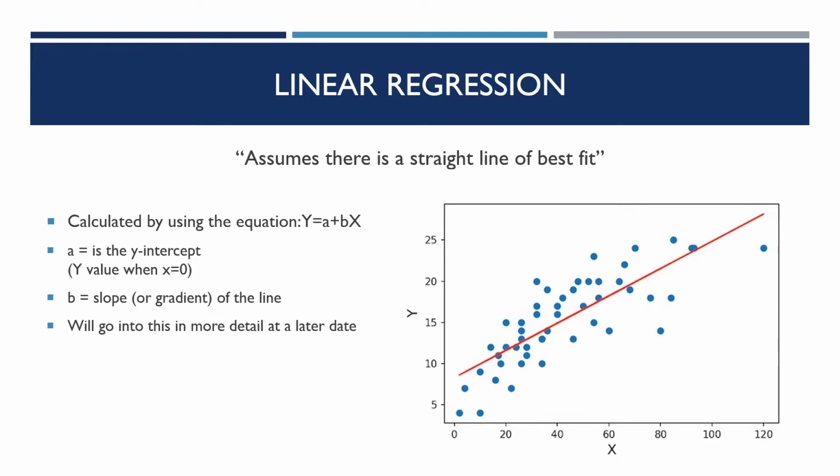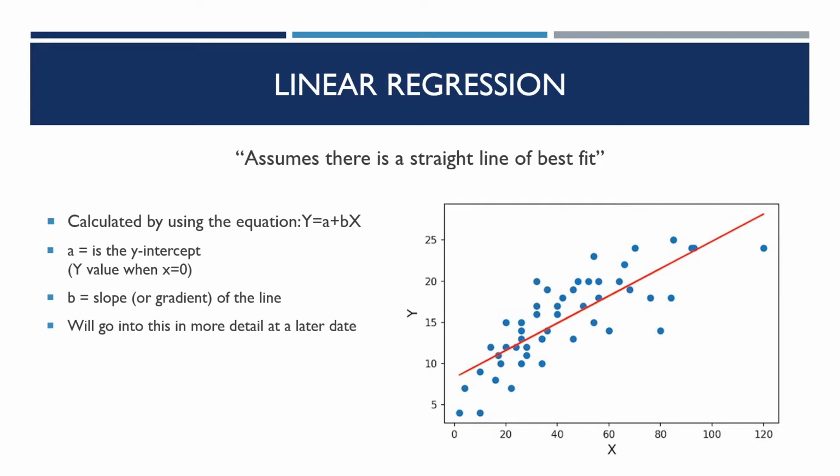So a is the y-intercept. In other words, you see that red line? That red line will cross the y-axis when x is 0, and that is the value of a. So a is the y value when x is 0. And b is the slope or gradient of the line.